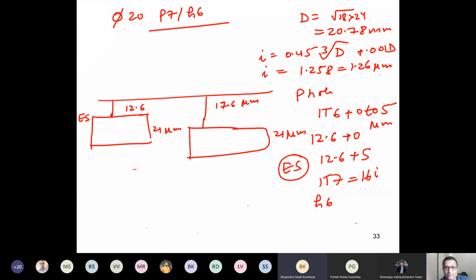Okay. Any answers? So will it be below the 0 line or above the 0 line? Where will it be? Below or above? How does shaft go till H?